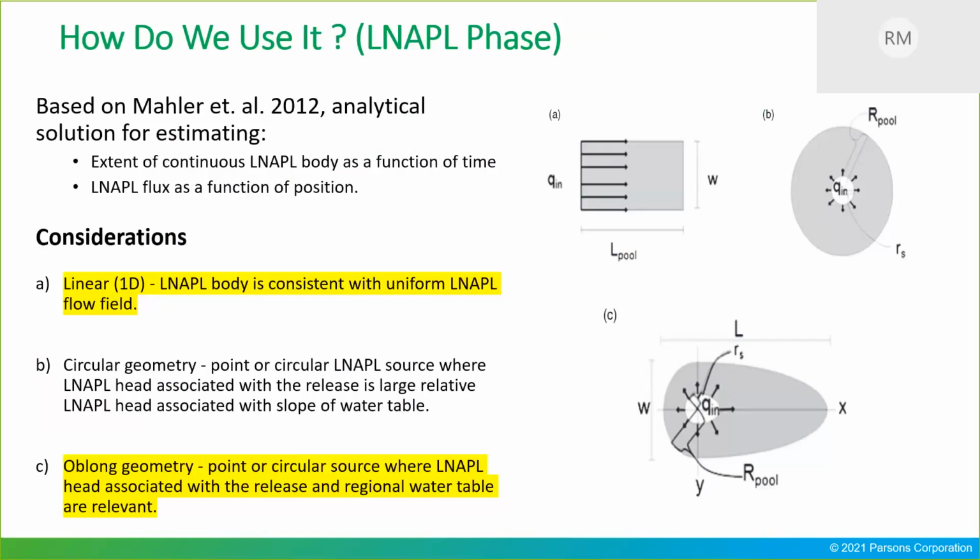So I'm going to briefly talk about the NAPL phase scenarios that we use to develop this tool, or the analytical solutions or different approaches we used when we were trying to develop this tool.